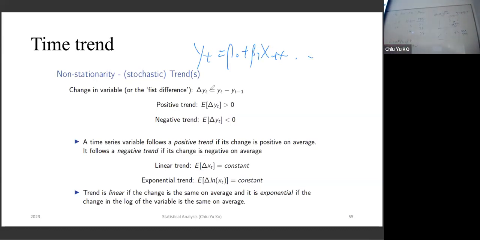If your Y is actually a random walk, which I said is unlikely to happen, but if it happens to be the case, what we're going to do is, instead of looking at the Y, you take a difference. Look at the rate of change. And if this change is still random walk, do it again until you're no longer random walk. That's it. That is the solution to that.